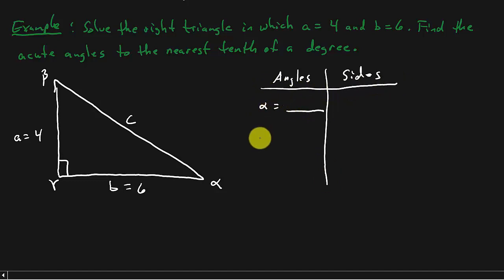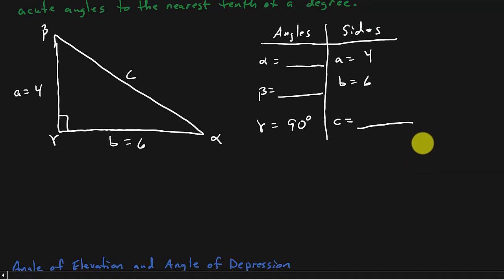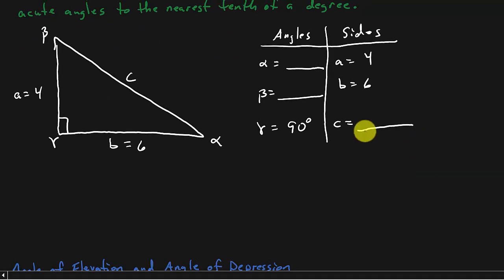I've got beta, gamma, we know that's 90, that's our right angle. A is 4, B is 6, and we need to find C. So let's see what we can do here. Well, I guess we can go ahead and find the length of C.